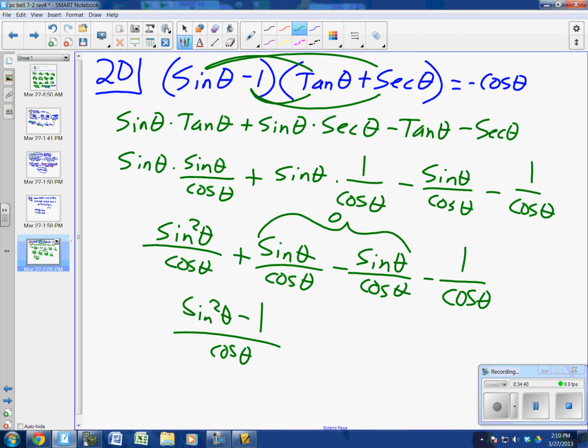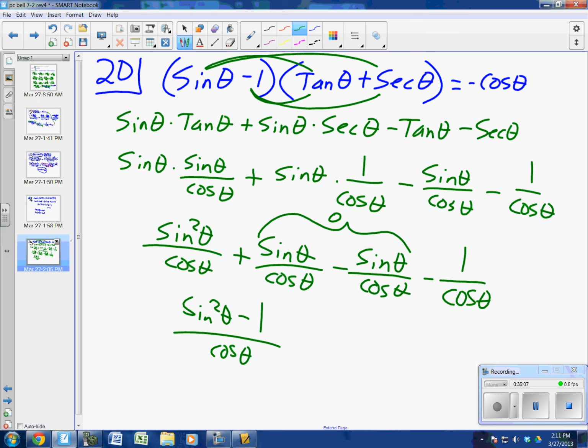Now, this goes back to that other problem we did. So Jeff, do you see what you were asking me about now? Secant squared minus 1 is not cosine squared. What is it? It's a negative cosine squared. If you guys wanted to, we could factor a -1 out of that and make it 1 minus sine squared with a -1 in front of it. But it's the same thing.